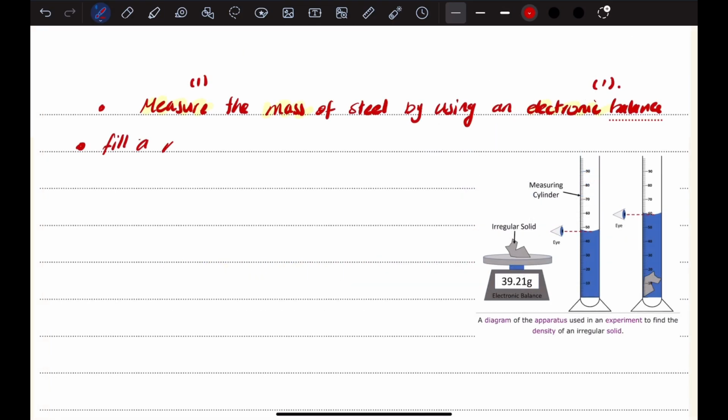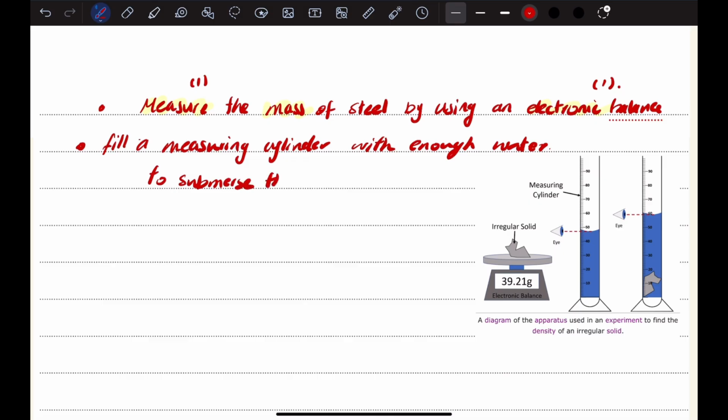Or fill a measuring cylinder with enough water. Why? Because I want to submerge the steel. Okay, point 3, this is really important. I have to measure again.